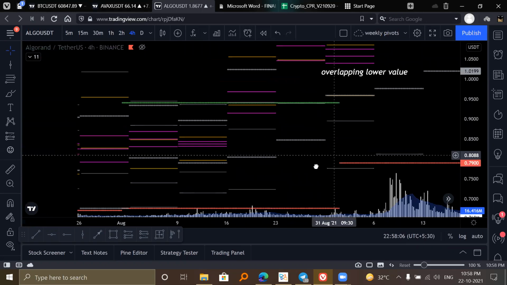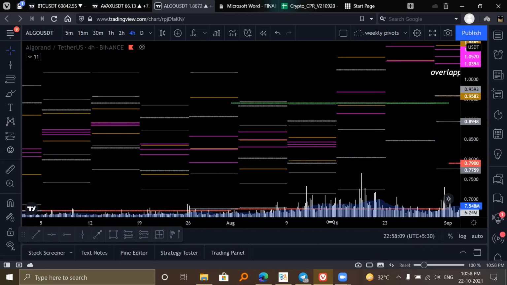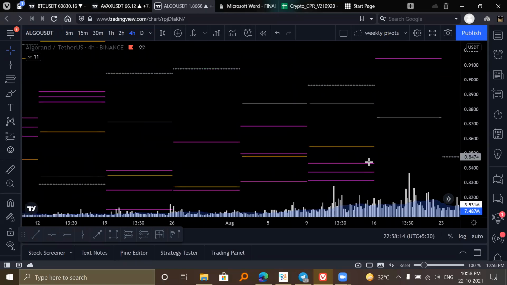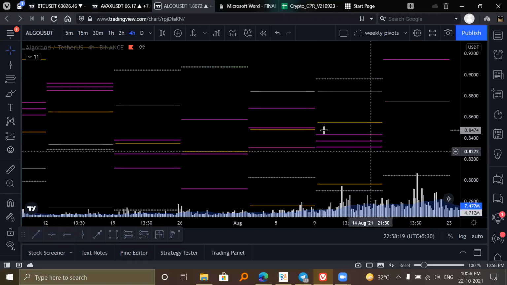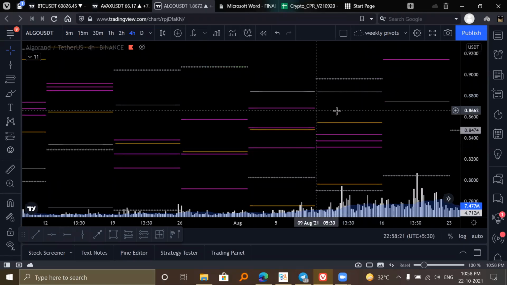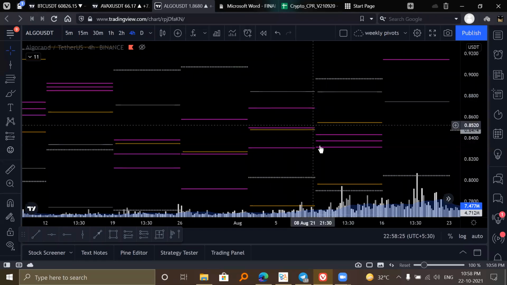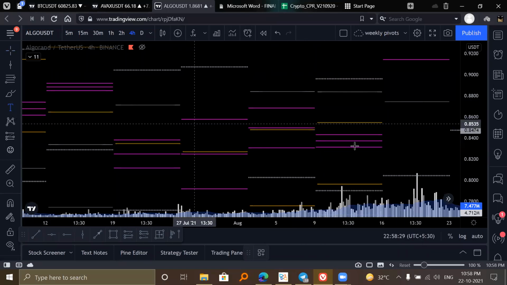Yeah, this one we can consider inside. So if this week's CPR completely lies inside last week's CPR, then it will be known as inside value relationship, or simply inside CPR.